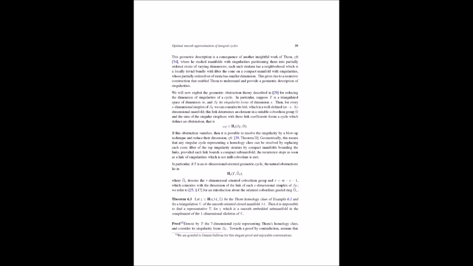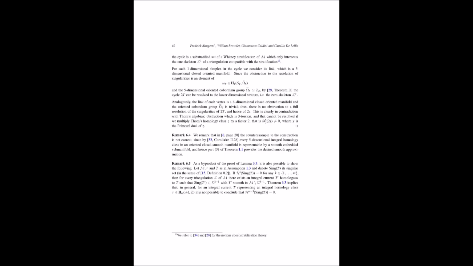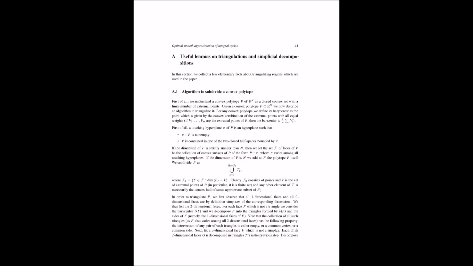Exactly. And this is where homotopy theory comes in. It gives us the tools to manipulate that map, essentially deforming it in a controlled way, which in turn translates back to a smooth deformation of the original cycle. So they're leveraging the flexibility of homotopy theory to achieve a level of control over the smoothing process that would be difficult to achieve directly in the geometric setting.